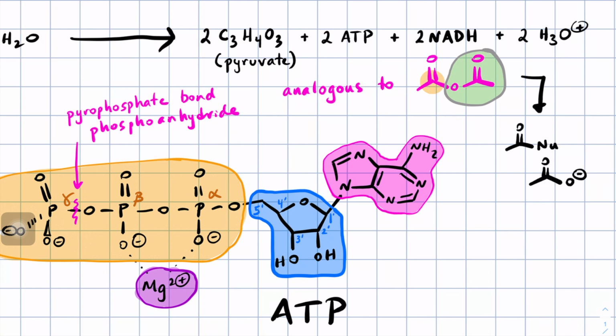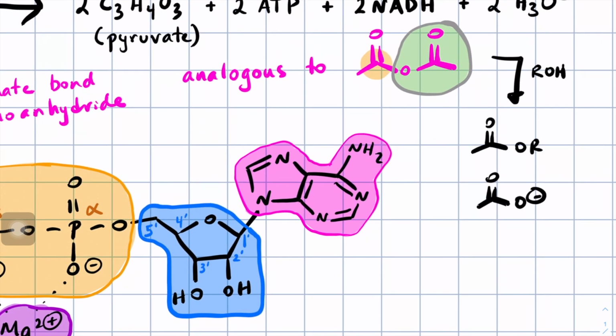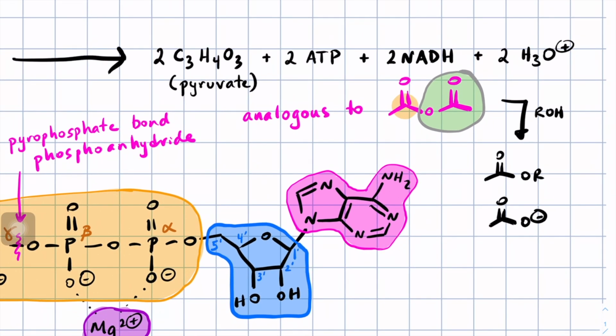And when that nucleophile was, say, an alcohol, you could convert the anhydride, and here's the acetate leaving group, into the ester.